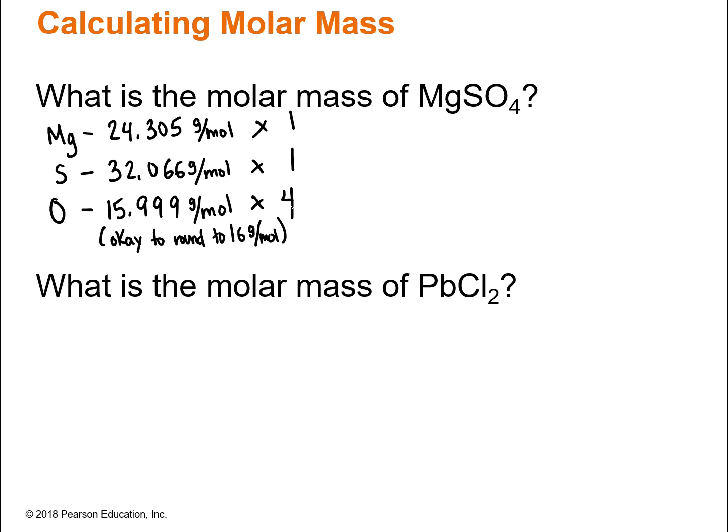So when we do this, we're going to add 24.305, plus our 1 sulfur, plus 4 times what we had for oxygen, because there are 4 of them.